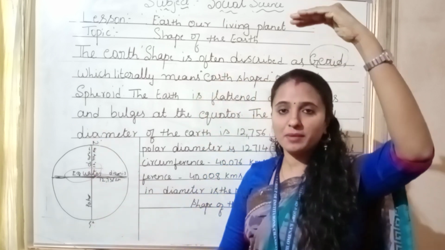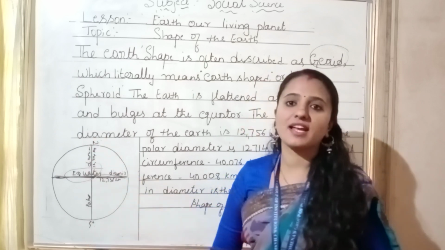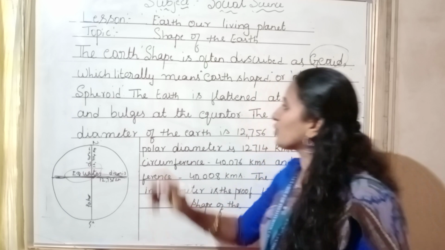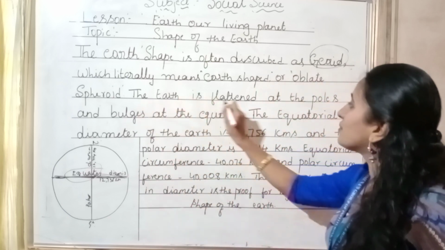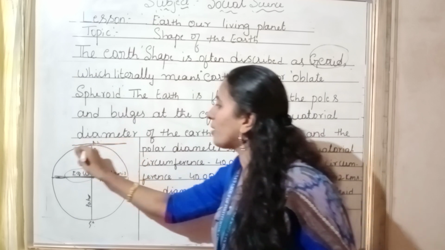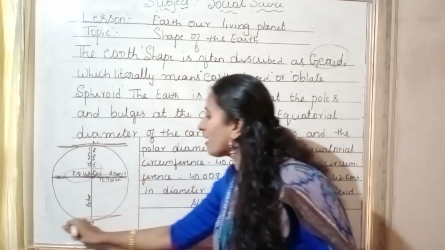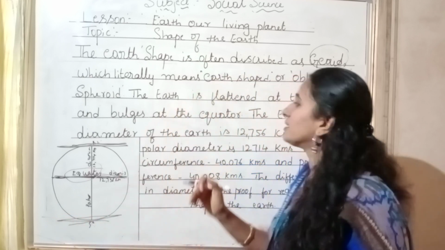The upper part is the northern pole, and the lower part is the southern pole. You can observe here that the Earth is flattened at the poles. The top of the Earth, the north pole or the south pole, is completely flat.